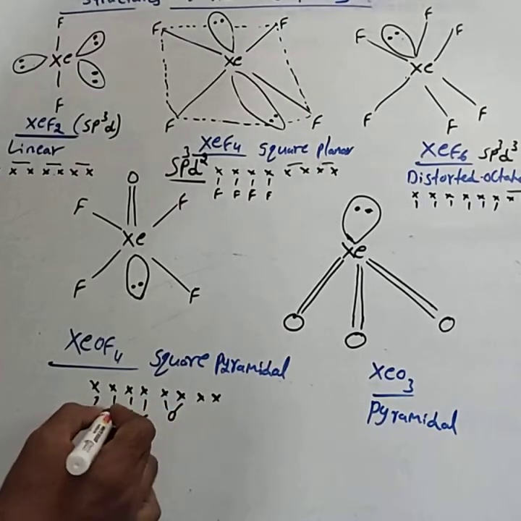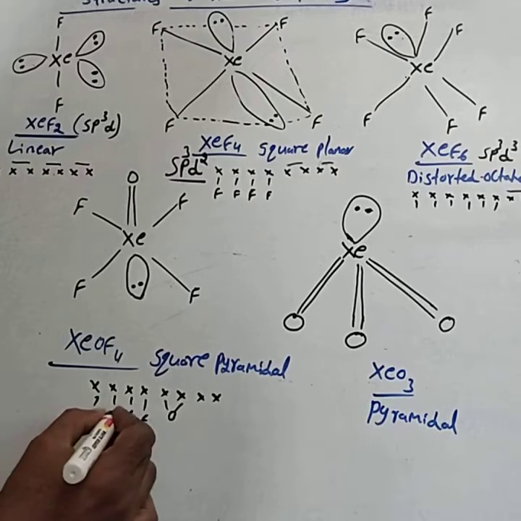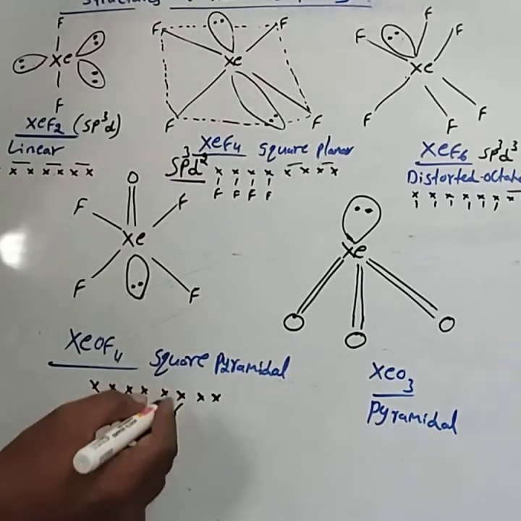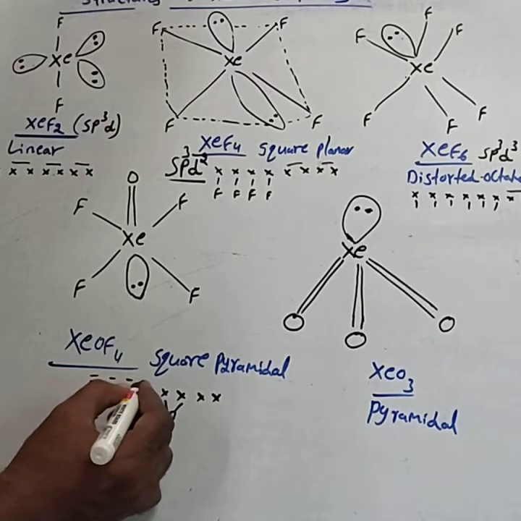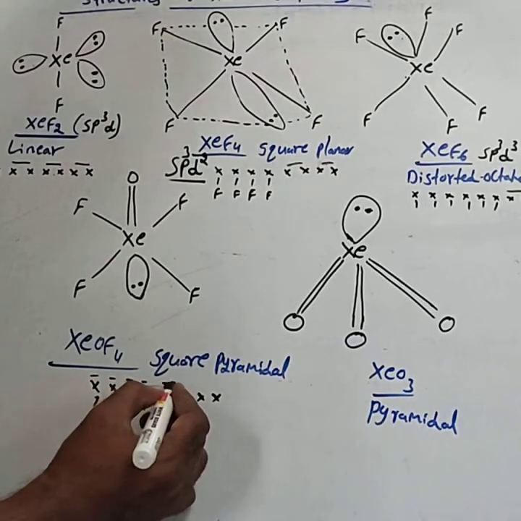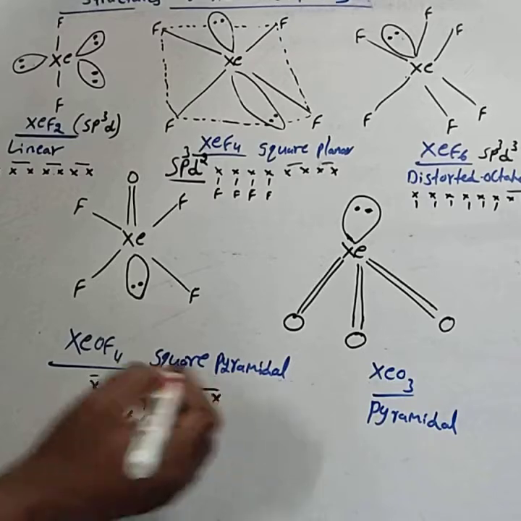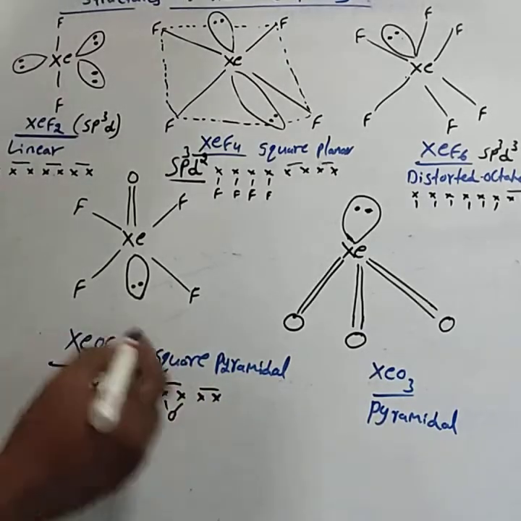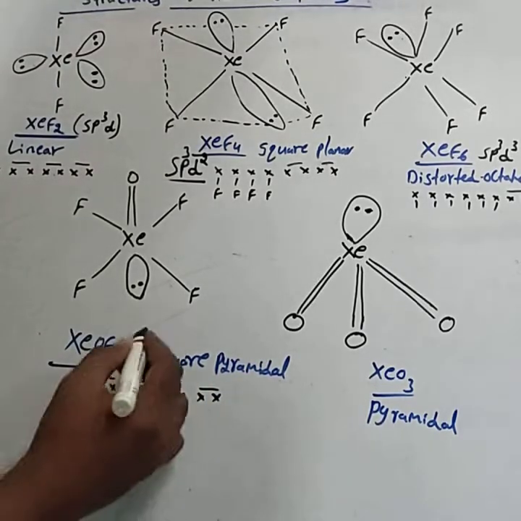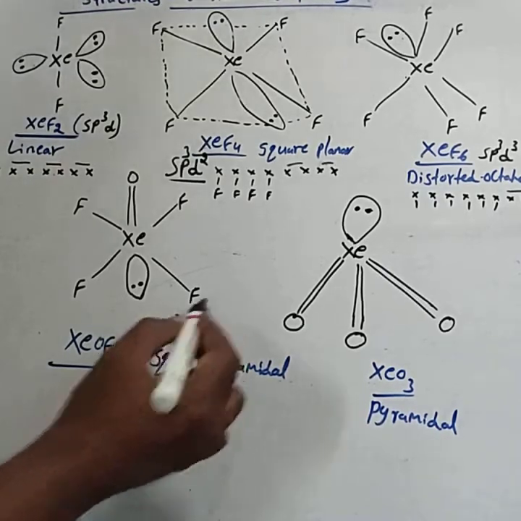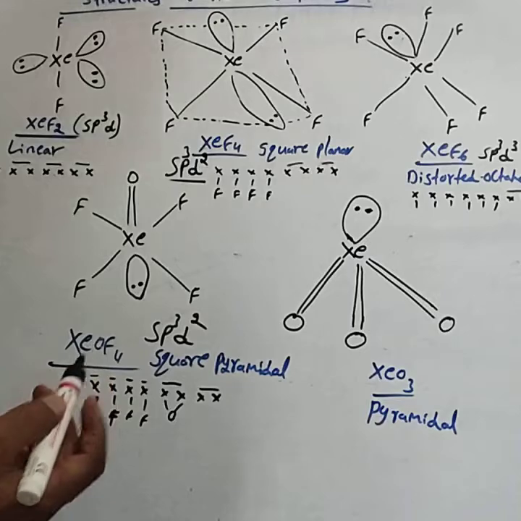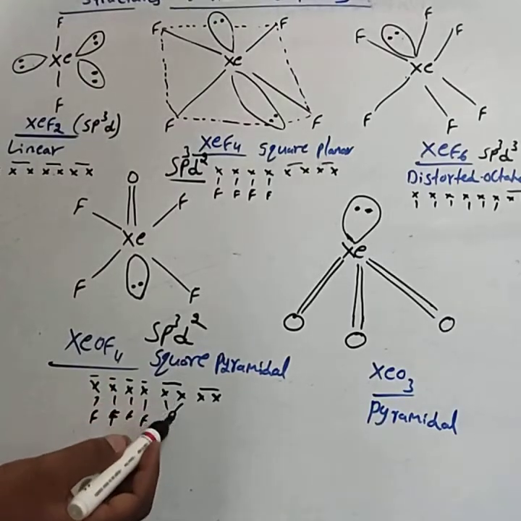Then this is S, P1, P2, P3, D1, and the lone pair takes D2. That means XeOF4 undergoes sp3d2 hybridization. The oxygen is bivalent, hence 2 electrons are used.